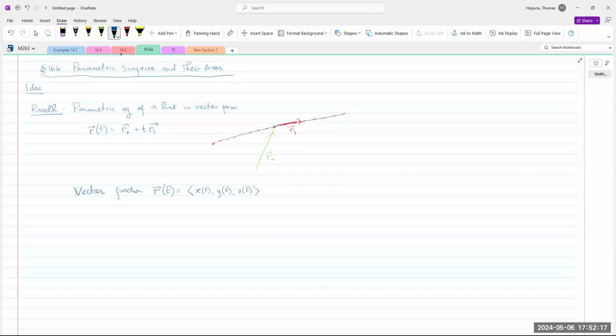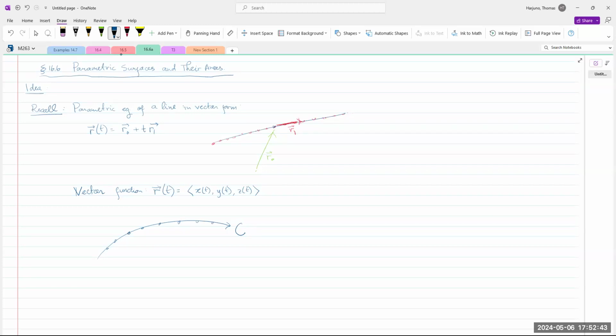This gives us a curve in space, right? As t progresses, we get that curve. So that's the line, or even the curve, which are one-dimensional.